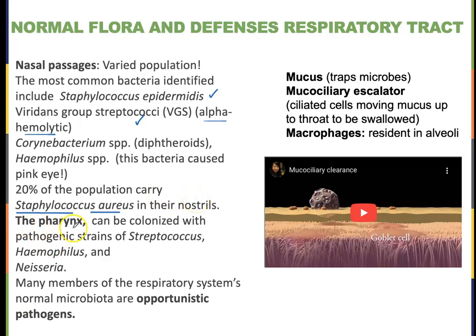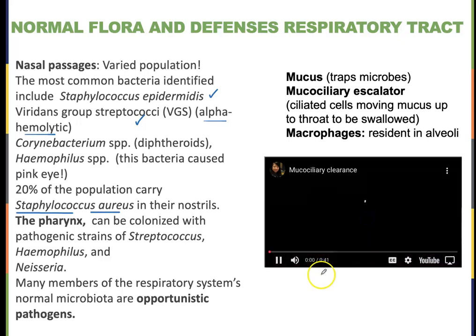The throat can be colonized with Strep, Haemophilus, Neisseria, and many members of the respiratory system. The normal microbiota are simply referred to as opportunistic. And then here are basically our defenses, right? So mucociliary escalator, and then the macrophages.